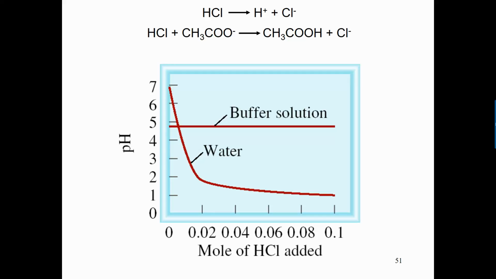It would be the case because hydrochloric acid is the acid, and the acetate is the base, right? What you're looking at is this: this is the acid, and this is the base.